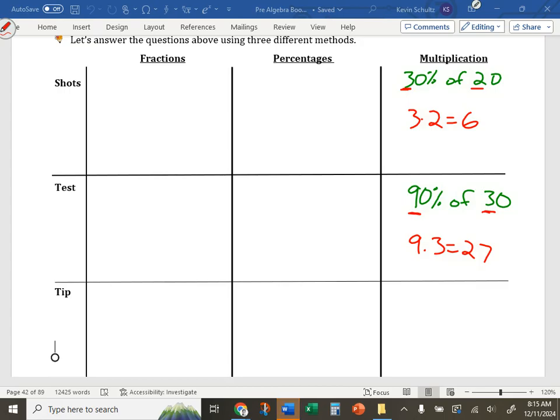Well, what if they don't? Right? The next one, with this tip. We were looking for 15% of 40. We know the answer should be 6. What can we do?